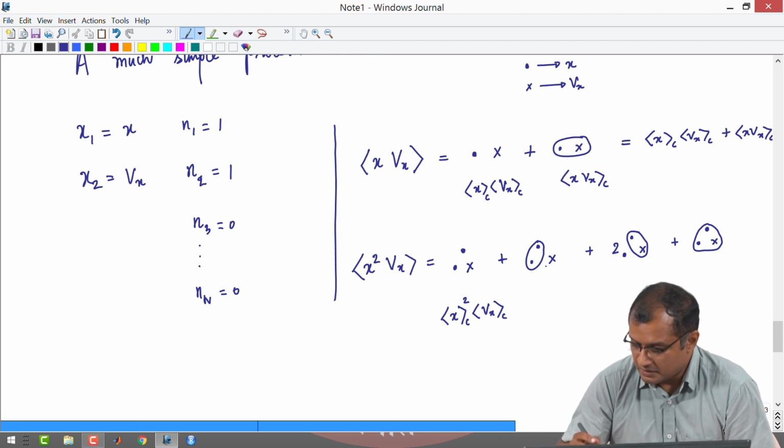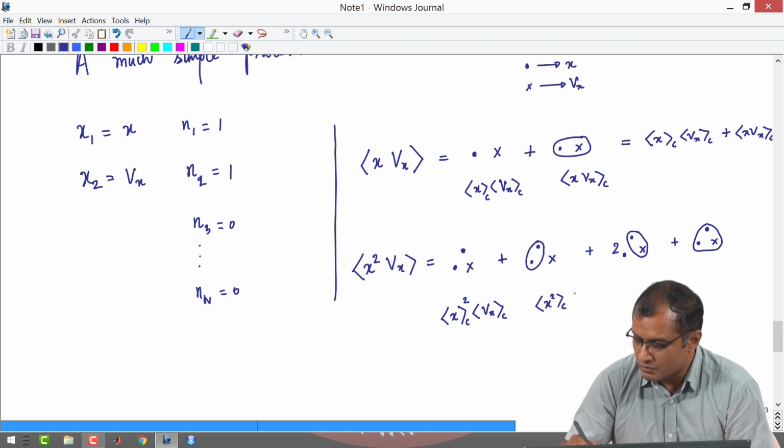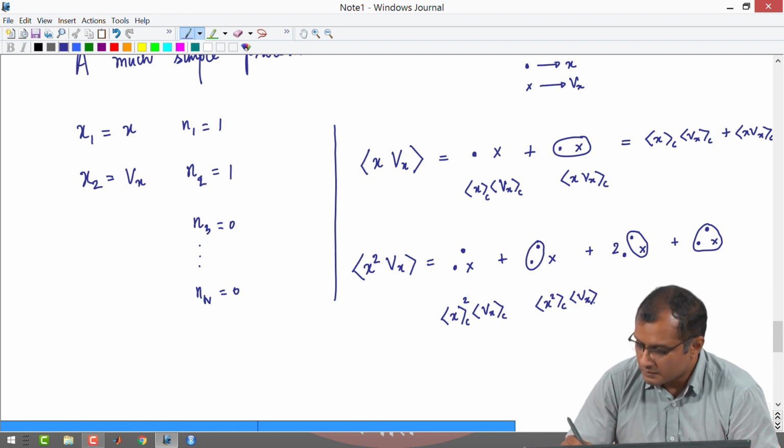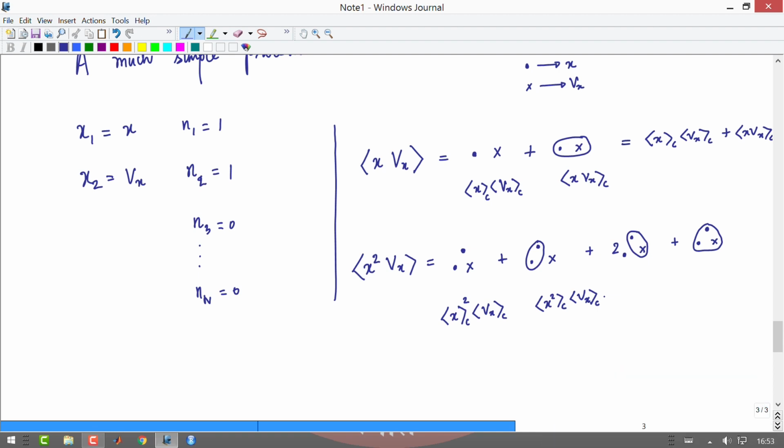Then we have connected dots, so we take the second cumulant of x into the moment of velocity, but the moment is also a cumulant.